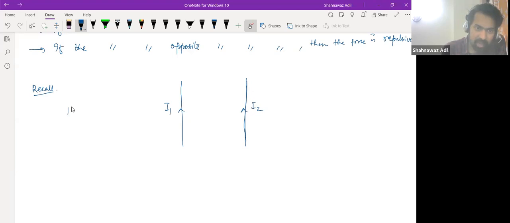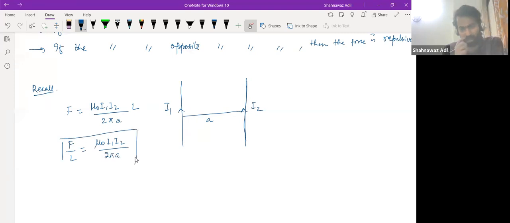That amount is mu naught I1 I2 by 2 pi, let's say the distance between them is A. So the force per unit length would be mu naught I1 I2 by 2 pi A. This was the magnitude of force per unit length.